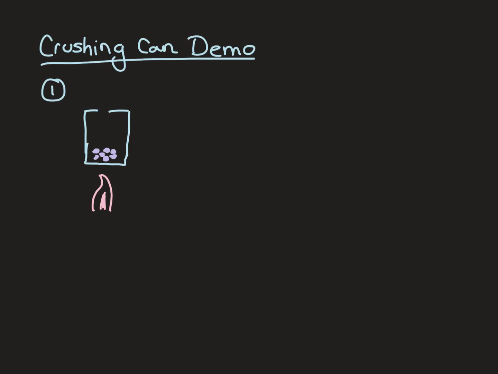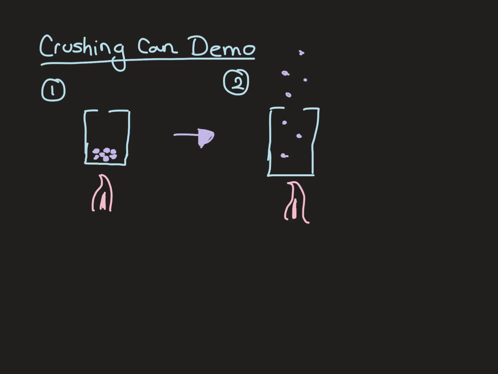So remember, at the beginning of the crushing can demo, we put a small amount of water in the can and then we heat it up so that it forms steam. Now, we needed to heat the can up until we could see steam rising from the top of the can, until we could hear it boiling in the can. Okay, so here's the heat source.